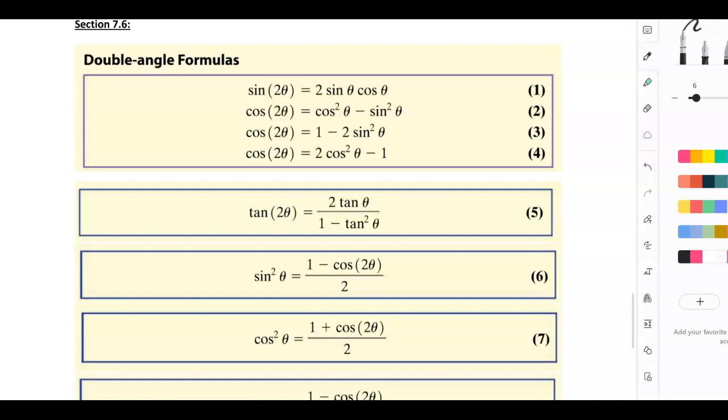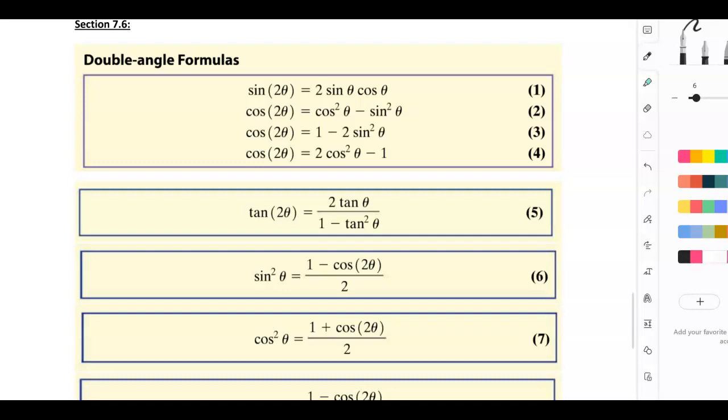So the formula for sine of 2 theta is equal to 2 sine theta cosine theta. So we're finding the sine of 2 theta, and we can write it in terms of cosine and sine of theta, whatever those values are. Cosine of 2 theta has 3 different formulas. One of them is cosine squared minus sine squared. Another one for cosine of 2 theta is 1 minus 2 sine squared theta.